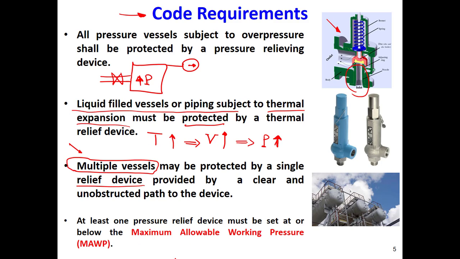Then, for pressure relief devices, each of these devices has a set point or set pressure. They have a spring, and we can choose the type of spring, or there is usually a screw that you can turn to change the tension of the spring.